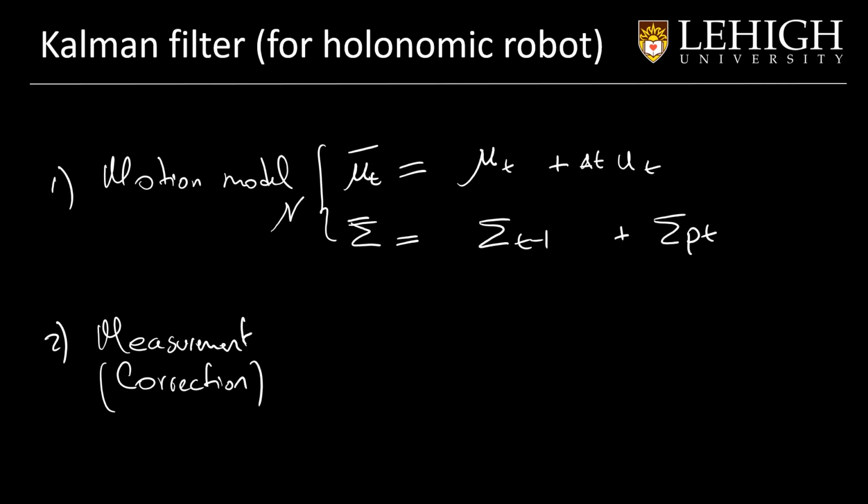The important part here is what they call the Kalman gain, which is equal to the covariance that we obtain from the motion model times the inverse of adding the covariance from the motion model plus the covariance of the measurement.